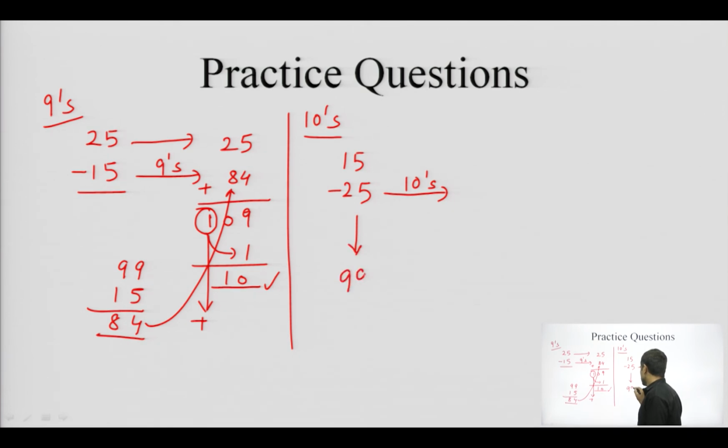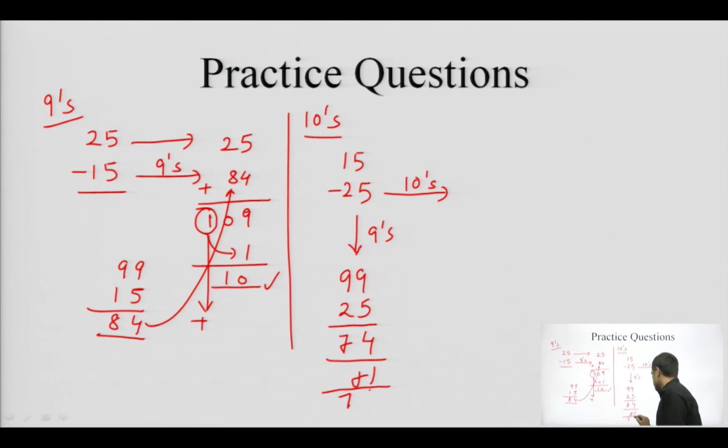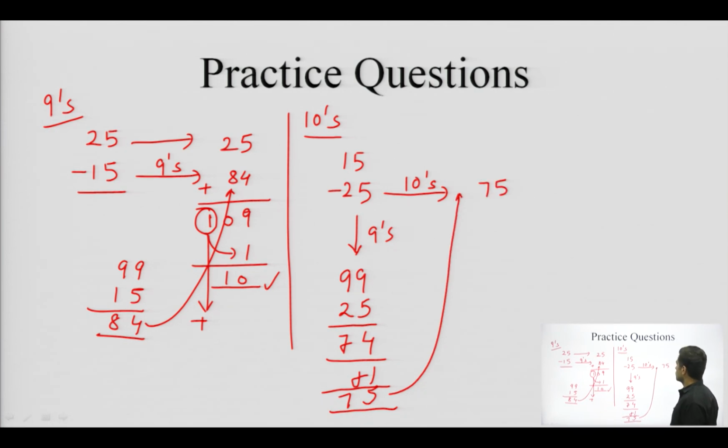So, I find the 9's complement by subtracting it from 99. 9 minus 5 is 4, 9 minus 2 is 7. So, I get 74. If I add 1 to it, it becomes 75. Now, this 75 is the 10's complement. So, the 10's complement of 25 is 75.